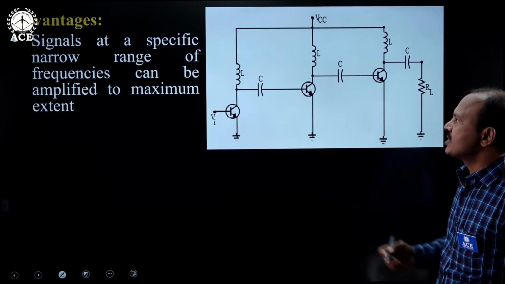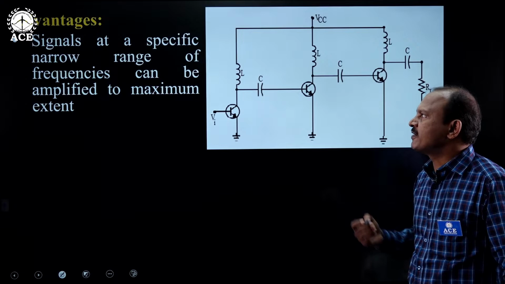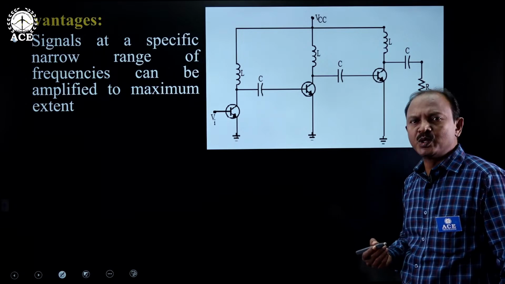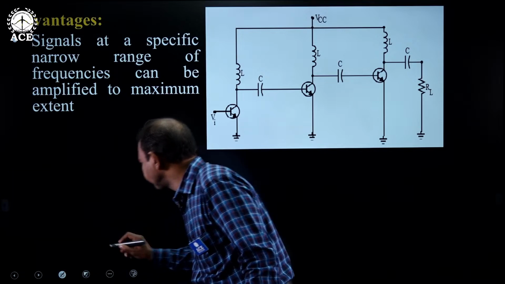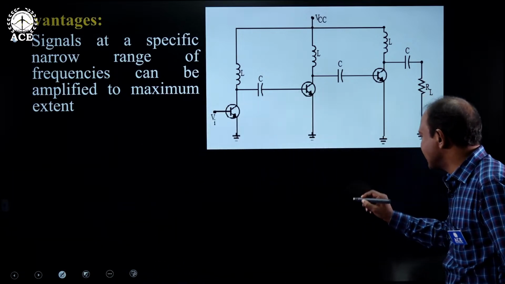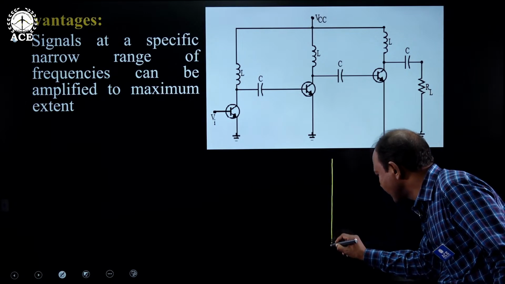The first advantage is that signals at a specific range of frequencies can be amplified to a maximum extent. Understandable? If you look at the frequency response of this amplifier, you can understand this.